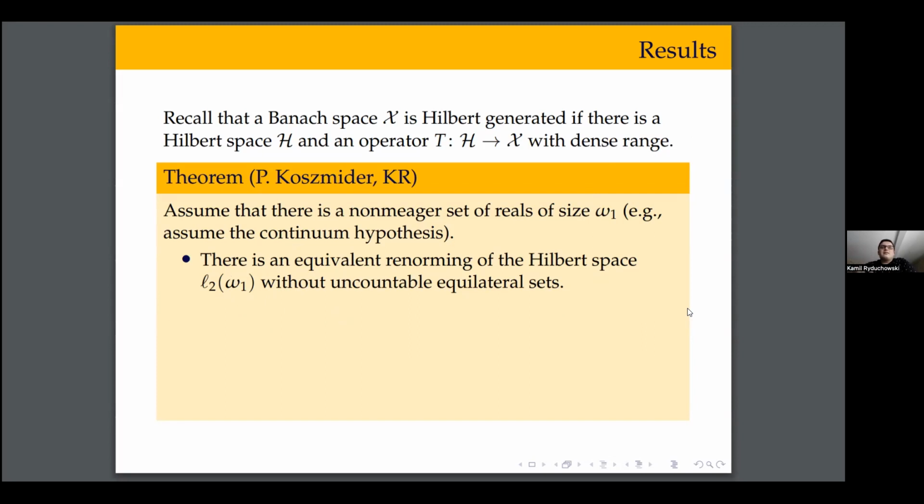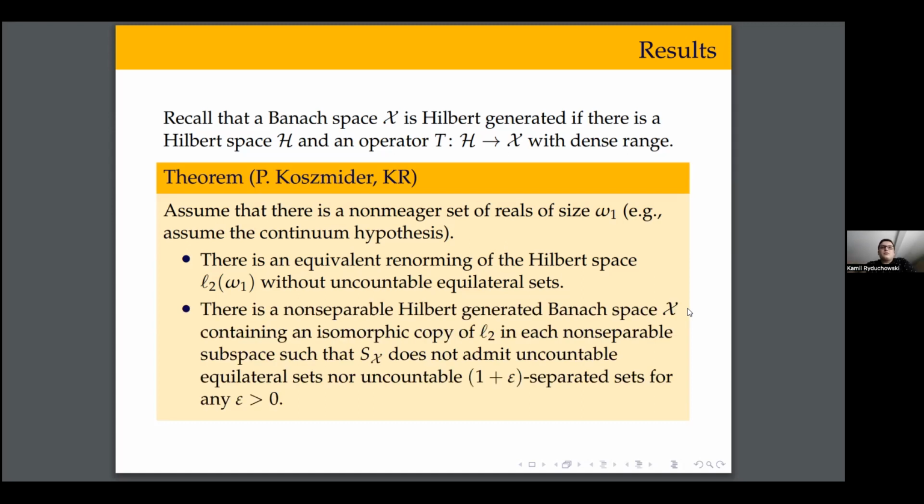By this result of Hájek, Kania, and Russo, we can't have reflexive, but we've been able to get a Hilbert generated space containing an isomorphic copy of ℓ2 in every non-separable subspace, such that its unit sphere doesn't admit uncountable equilateral sets nor uncountable 1+ε separated sets.